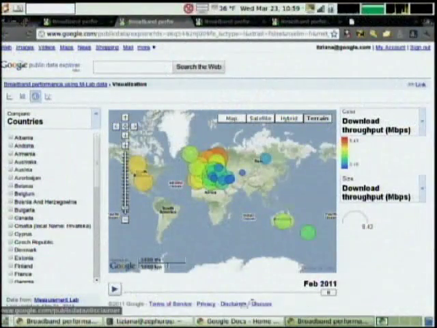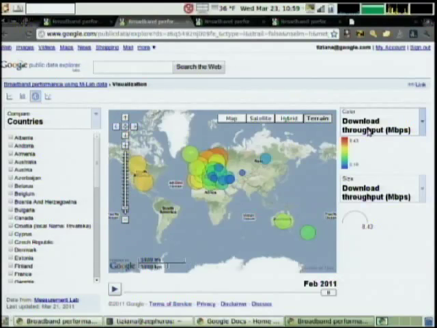So let me start out with what you're seeing here, which is kind of a global view using the Google Earth presentation technology. What we're seeing here are two different kinds of information presented simultaneously. The colors over here are the download throughput, the median throughput that has been measured in the places where we see.